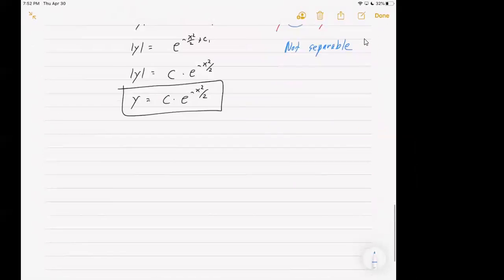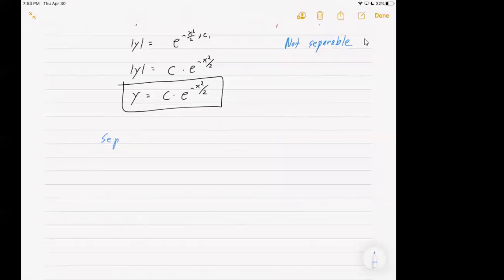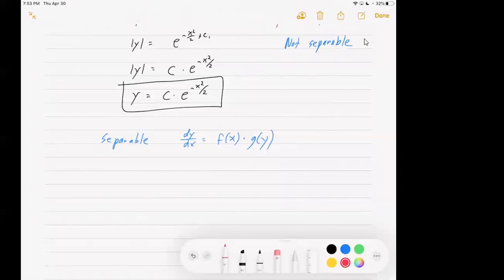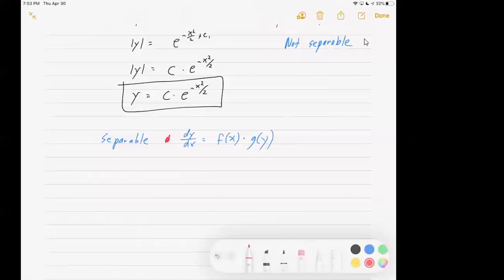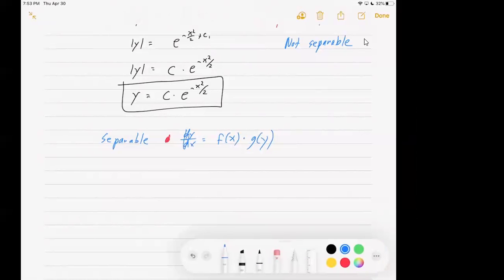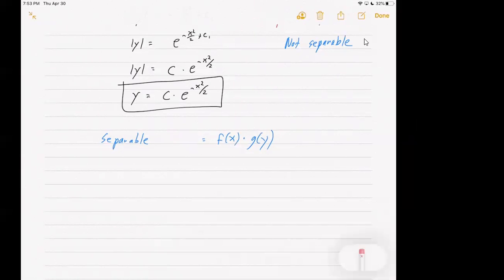In fact, we can come up with a basic rule. If a function is separable, we can write dy dx is equal to a function of x times another function of y. So then we will be able to multiply both sides by dx. Let me erase and write my dy dx over just a little bit to the left.